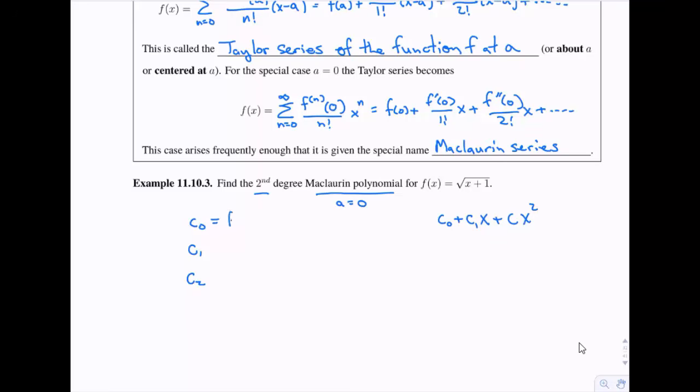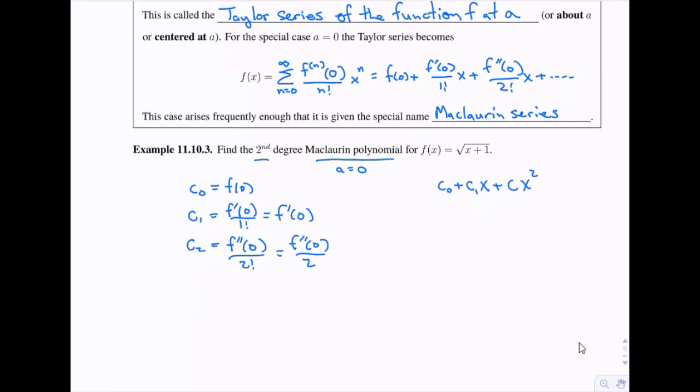So c sub 0 is just supposed to be f evaluated at 0. C sub 1 is supposed to be f prime at 0, technically divided by 1 factorial, which is really the same thing as just f prime. And then finally, c sub 2 is f double prime at 0, the second derivative, divided by 2 factorial. So that's f double prime at 0 divided by 2.